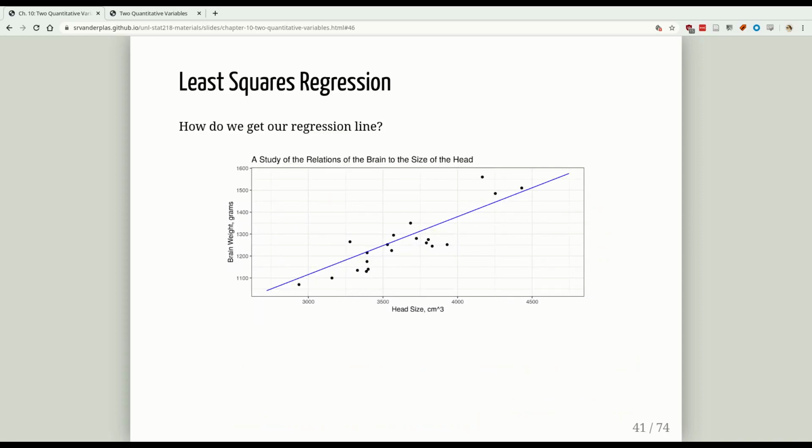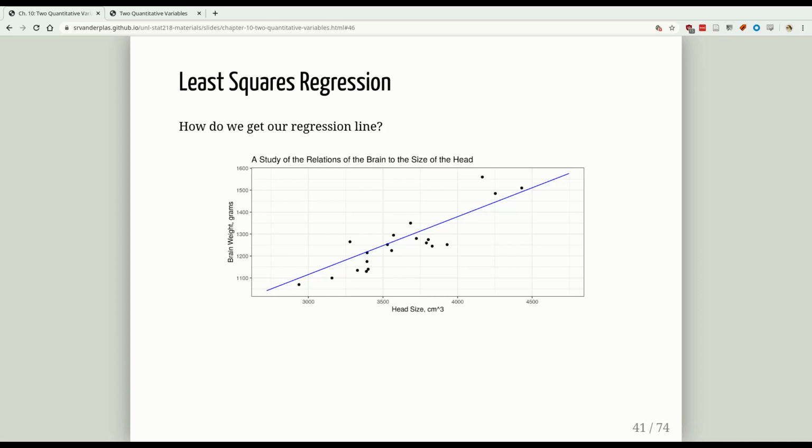Okay, so thus far I've been avoiding the question of how we get our regression line. And that's mostly because it involves equations and math, and those tend to be intimidating.